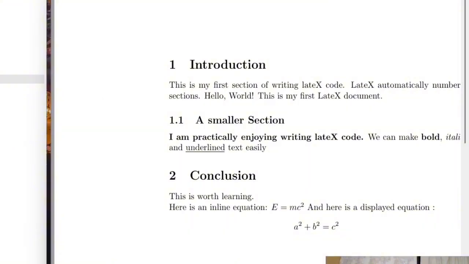So we are seeing a squared plus b squared equals c squared at the center of our page, and it's due to the use of the square brackets.